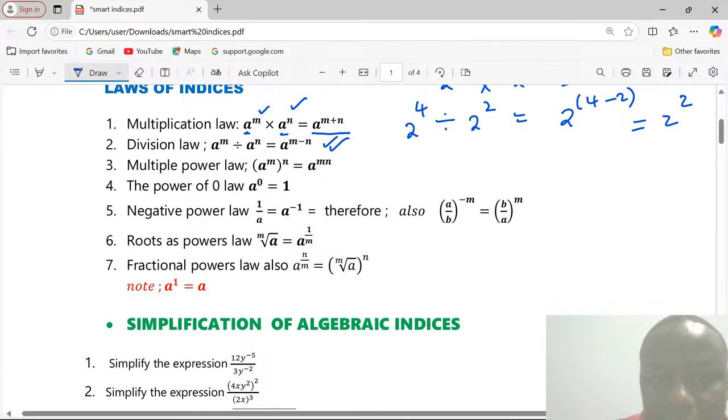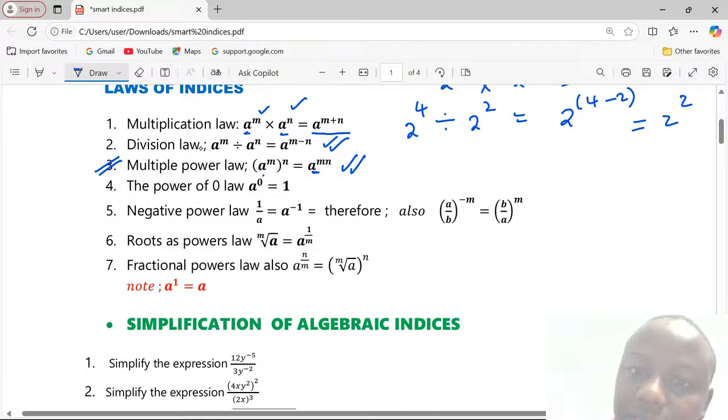Then there is the law number 3, which we call the multiple power law. Now, in the multiple power law, when a is raised to power m, then there is another general power. We usually take a to the product of the powers. I must illustrate this in a better way.